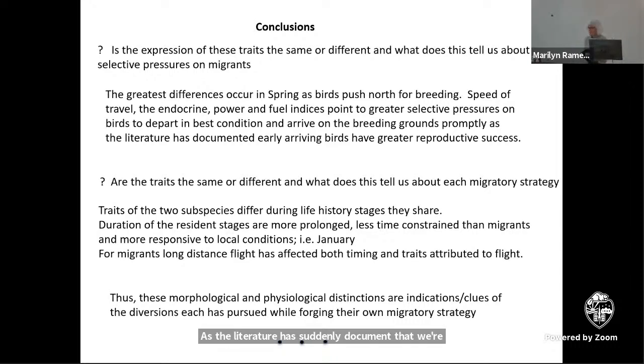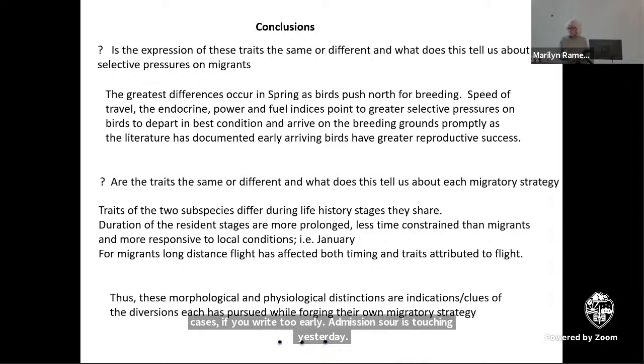That doesn't mean that they have to get up there as fast as possible, outside the realm of what the conditions are. In some cases, if you arrive too early and conditions sour, as John showed yesterday, the chances of increasing reproductive success or even surviving are reduced.